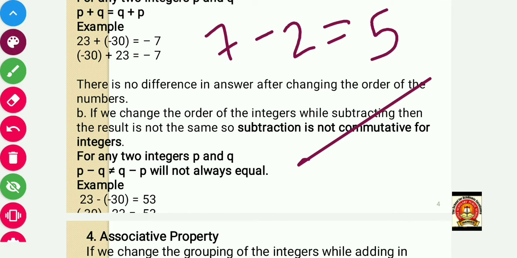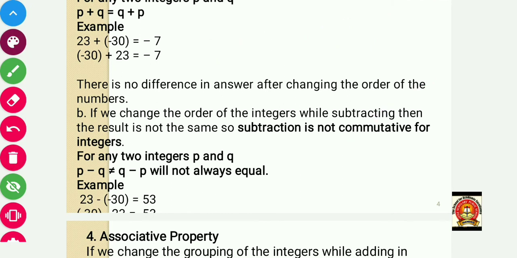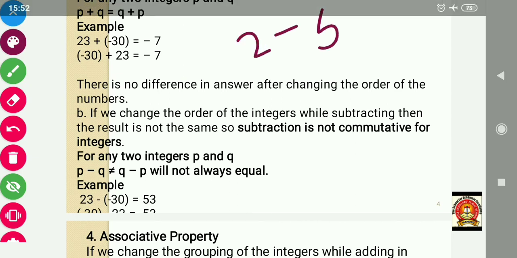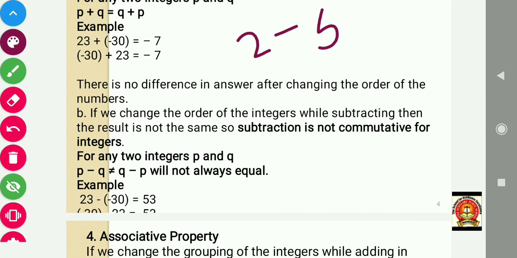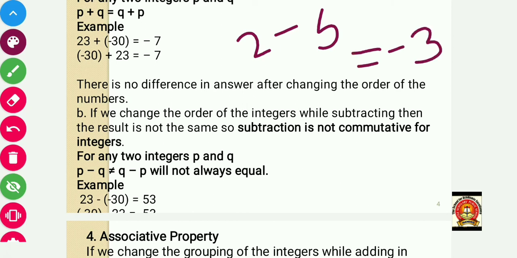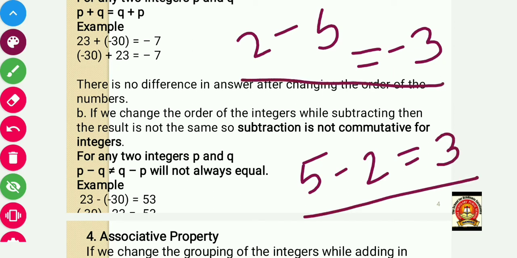And suppose I'm going to remove 5 minus 2, that gives a different result. Here it will give positive 3 and here negative 3. So 2 minus 5 will give minus 3 and 5 minus 2 will give you 3. So the commutative property does not hold under subtraction.